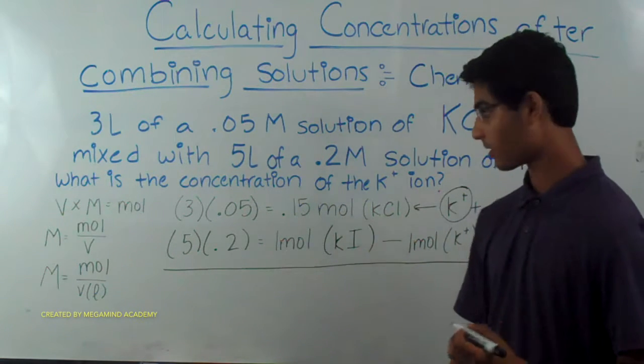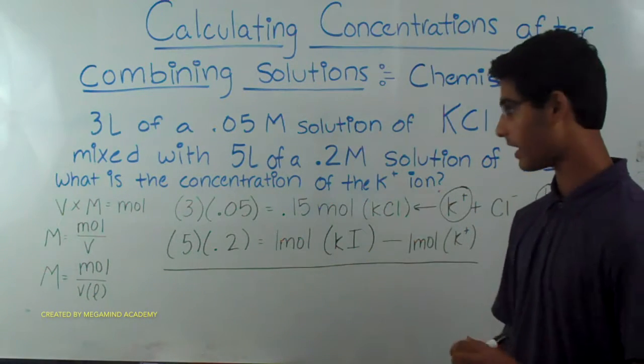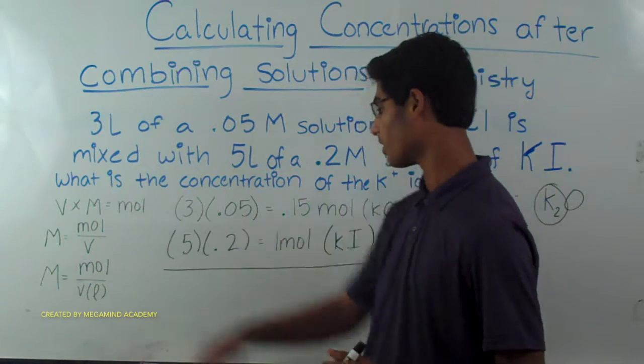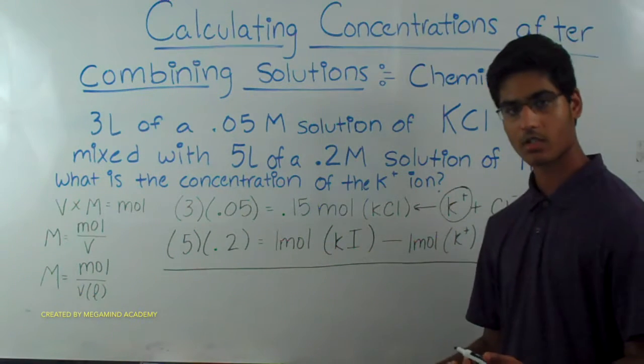So now let's do something. We know that molarity, which is what we're trying to find, is the number of moles over volume. So let's add up the moles of K plus, and let's add up the volumes.